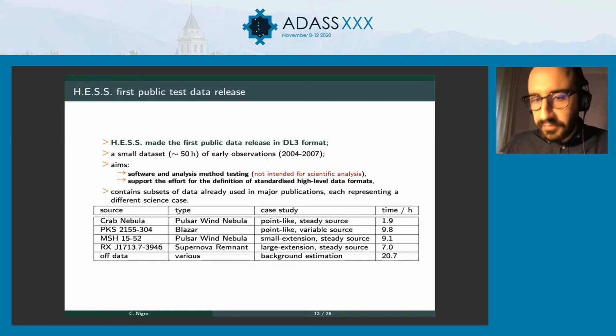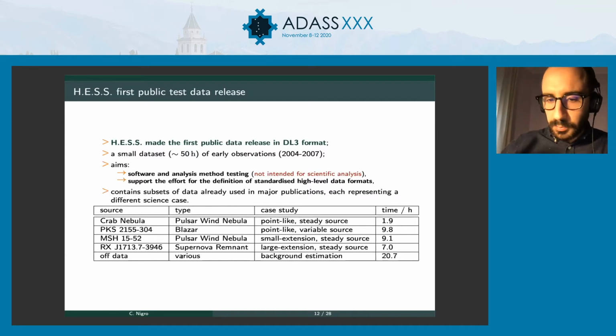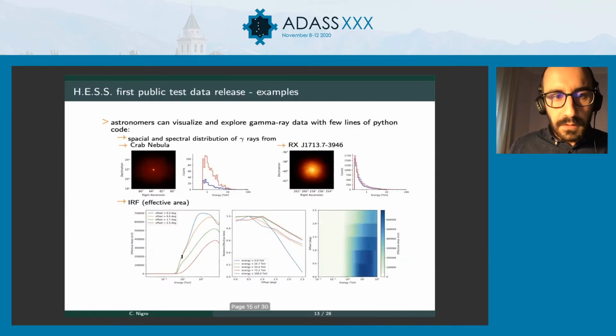So it's a point-like variable source, with its flux variable in time. Then we have a moderately extended source, steady with a constant flux. Then we have another supernova remnant with a large extension, a steady source. And then we have off data that you can use to build the background model that I showed you in the previous slides if you want to perform a 3D analysis.